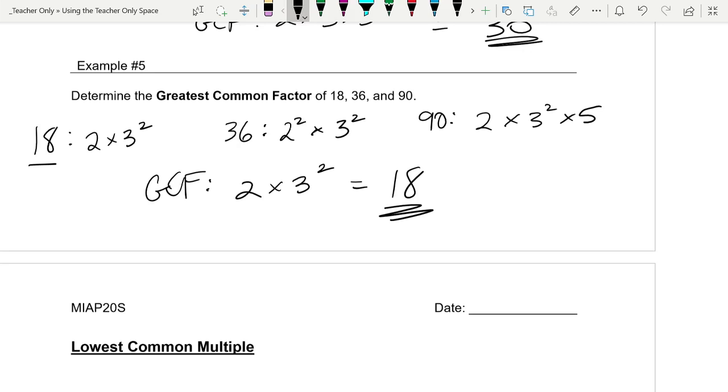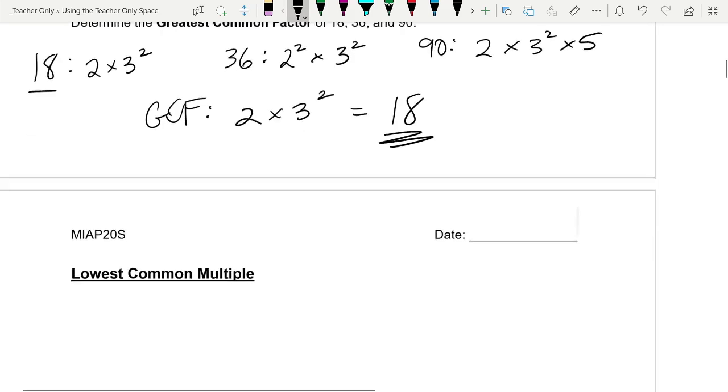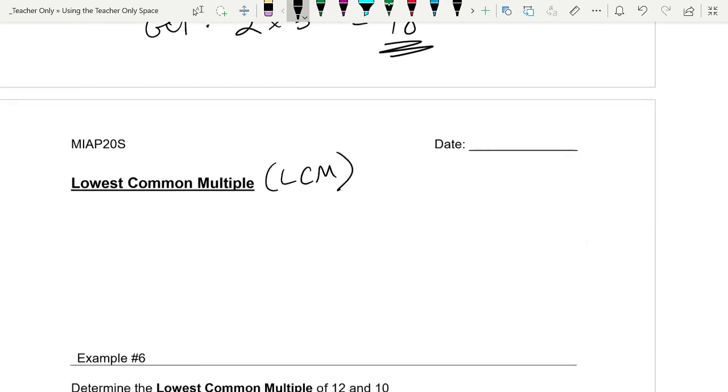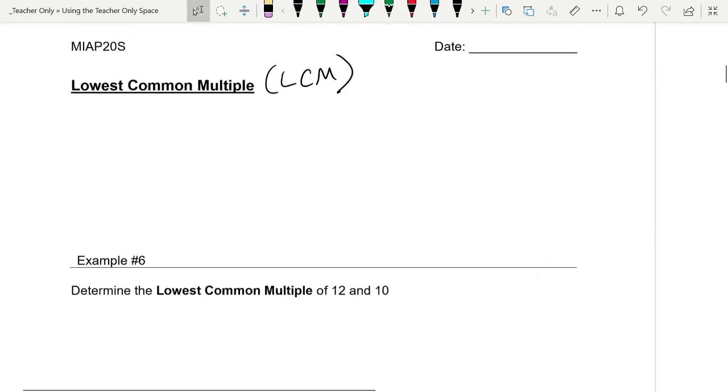Don't forget that. All right, closely related, but kind of in the other direction, is the LCM, least common multiple. What do we mean by least common multiple?